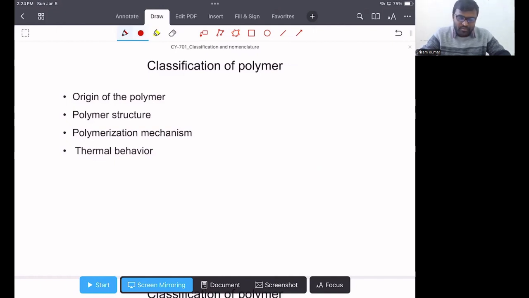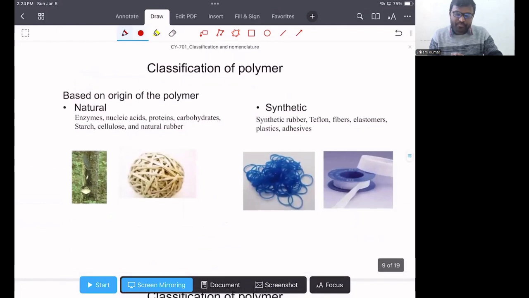Then the other one is the polymerization mechanism. Which kind of mechanism takes place in the polymer formation? So that is the polymerization mechanism. And the fourth is the thermal behavior. How do polymers behave when you heat or supply thermal energy? So we have the 4 different parameters.